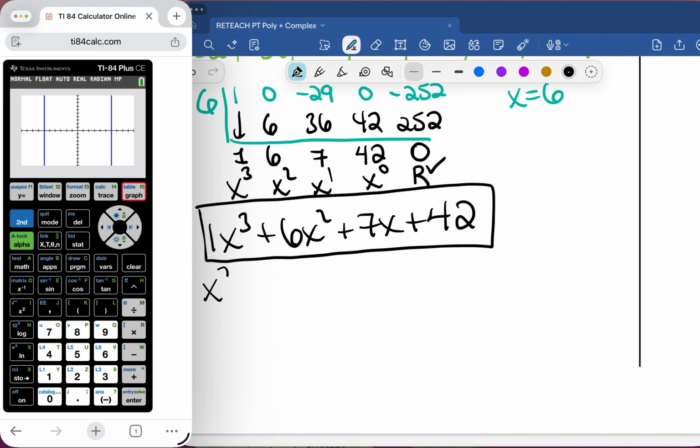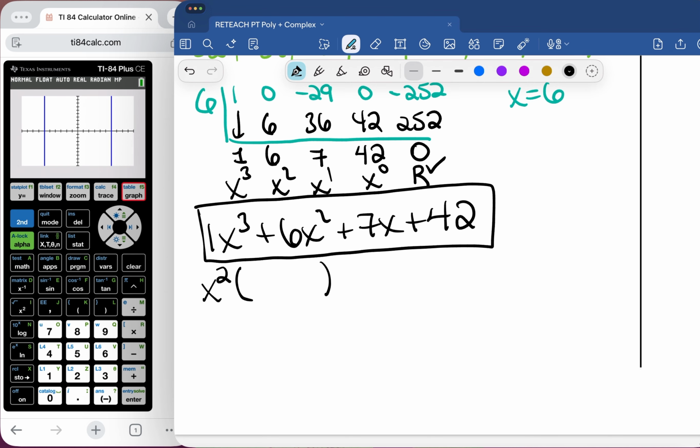Our GCF of the first 2 would be x squared, and when we divide that out, we would get x plus 6. Your GCF of the second side would be a positive 7, and when we divide that out, we would get an x plus 6. And so because those remainders match, that means we're good to keep going with our grouping.